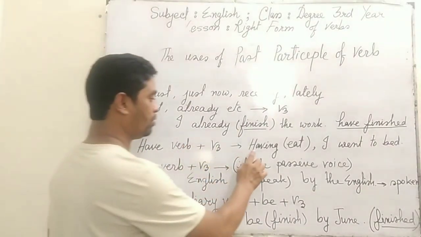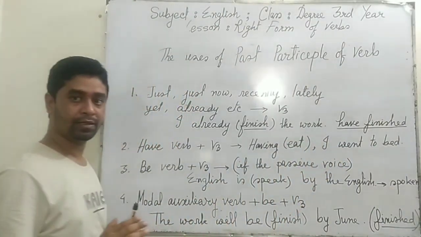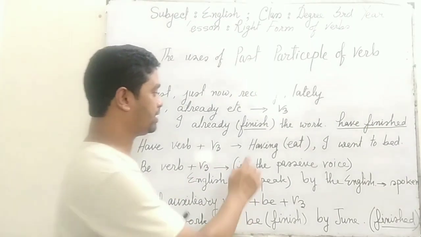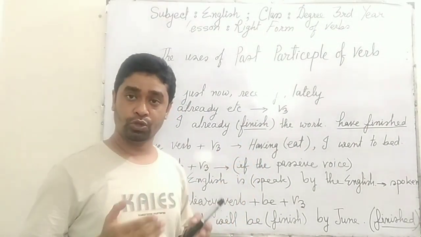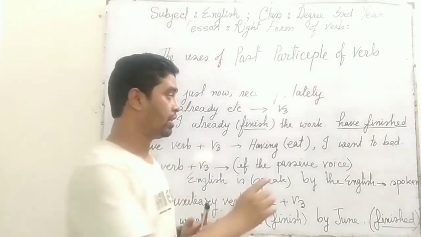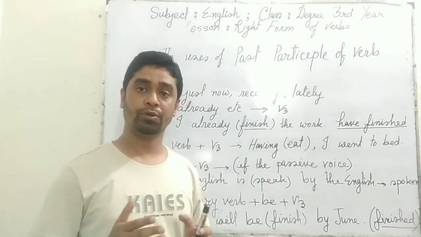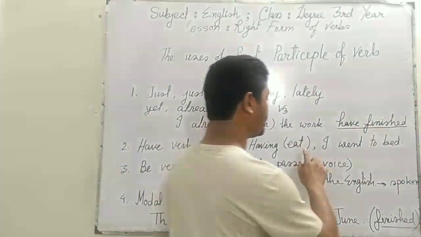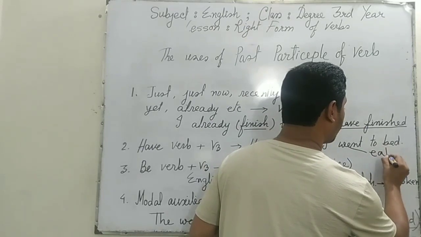For example, having it, I want to eat. In this sentence we find a have verb, that means having. So we have to use the verb eat in the past participle of the verb. The answer will be eaten.